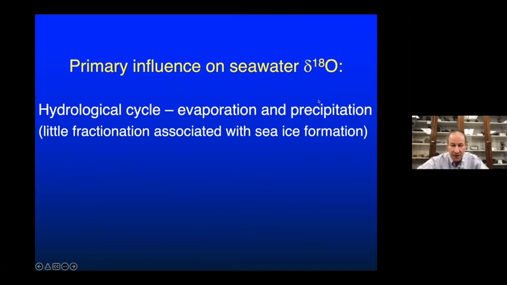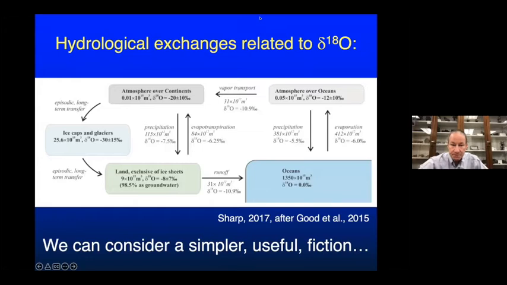This is the single dominant control on delta O18 in water in all forms. And through the Earth system, there are complex interactions of water molecules moving from the ocean to the atmosphere, to rivers, to ice.